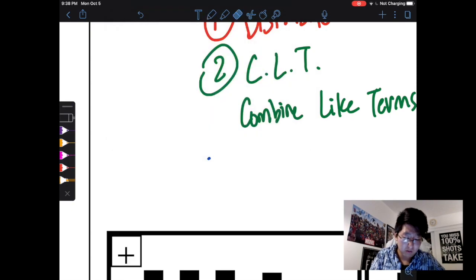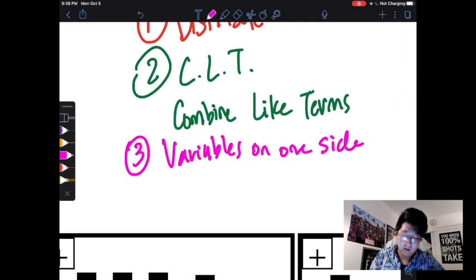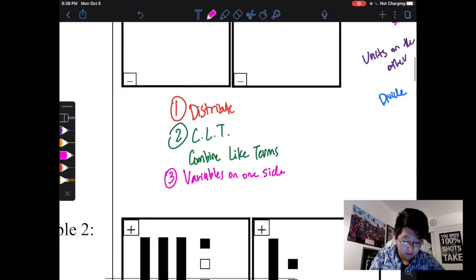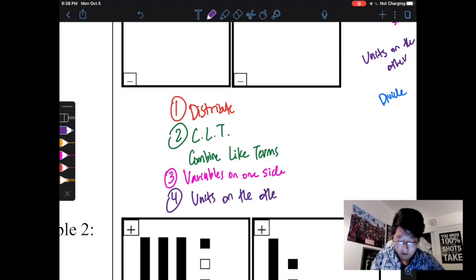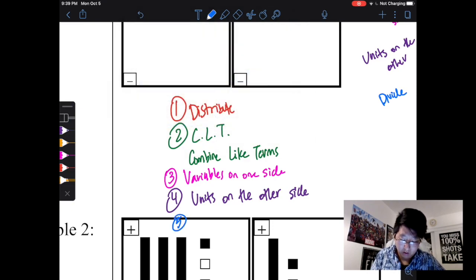Third thing we do, get the variables on one side. Then we got units on the other side. The last step was to divide.